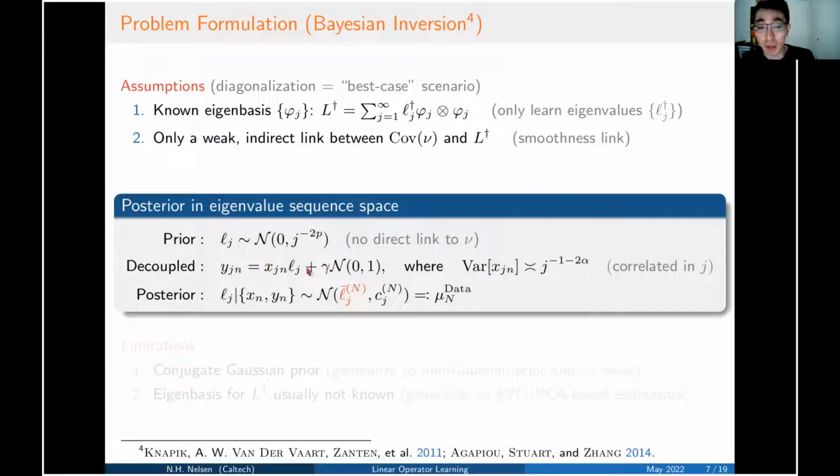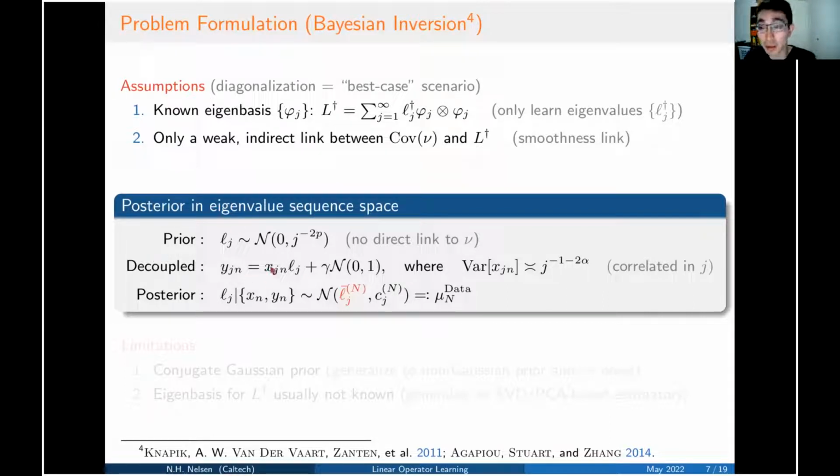Now the sequence model, under this assumption, by projecting onto the eigenvectors, we get this decoupled equation. We get a sequence of output variables yjn, equal to some xjn applied to our eigenvalues, plus scalar white noise.